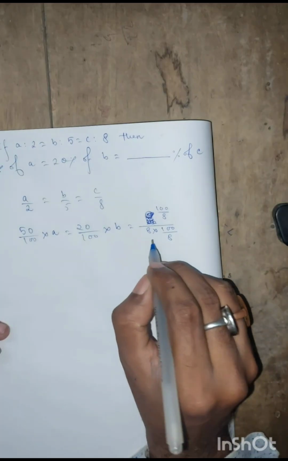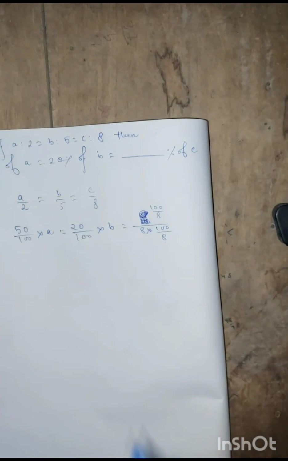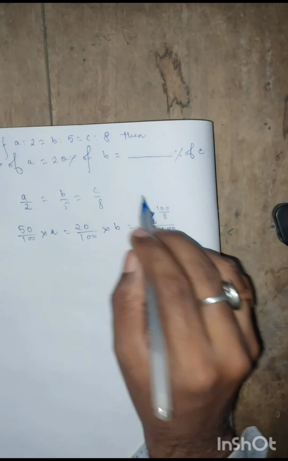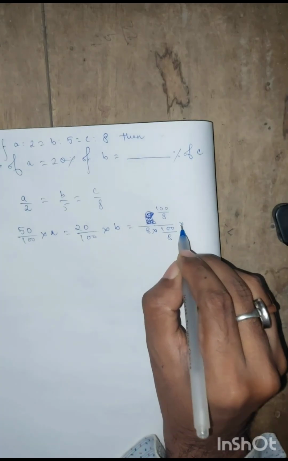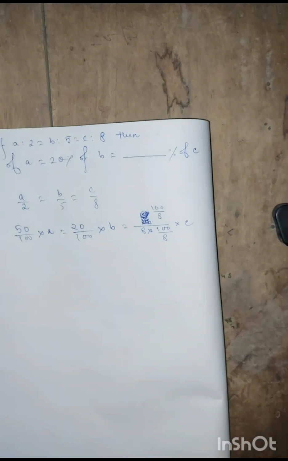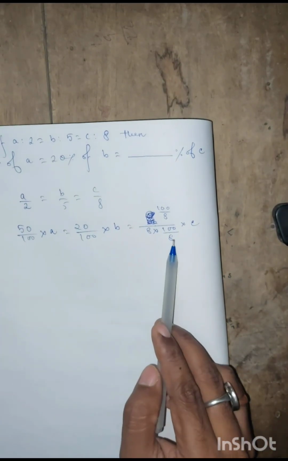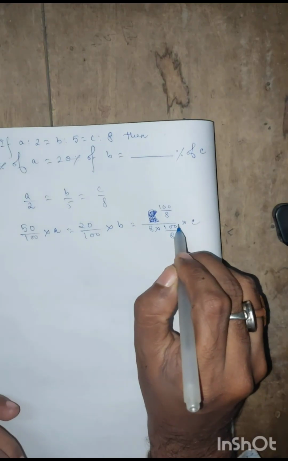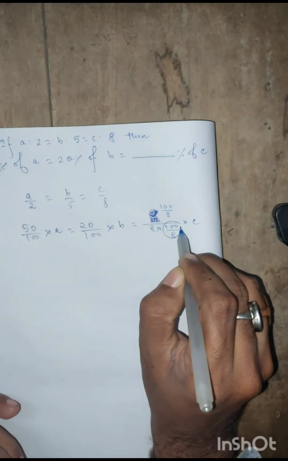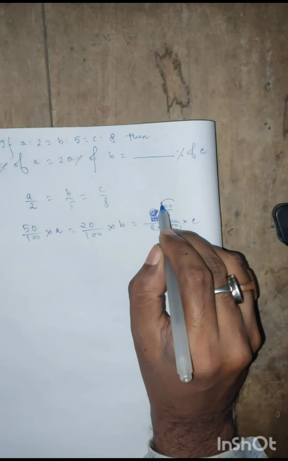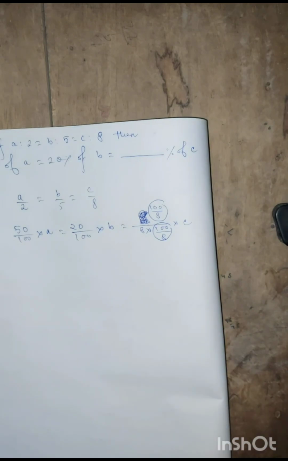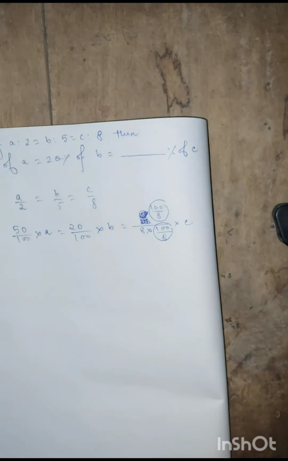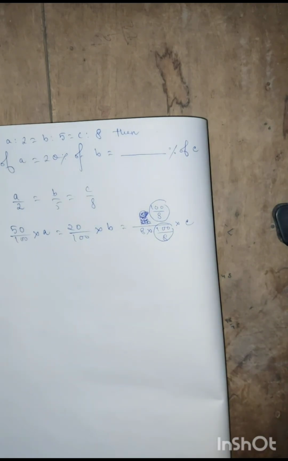Okay, so the actual value of this ratio remains unchanged. See, we just multiplied the denominator by 100 by 8 and the numerator by 100 by 8. We have multiplied the numerator and the denominator by the same quantity.